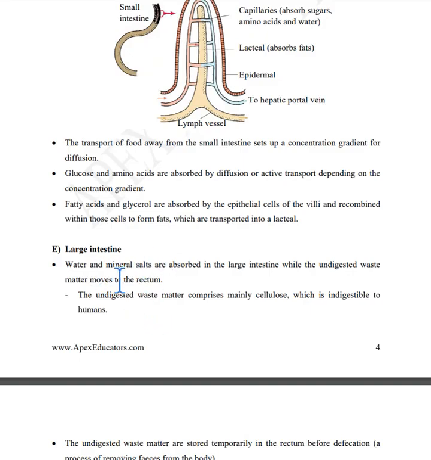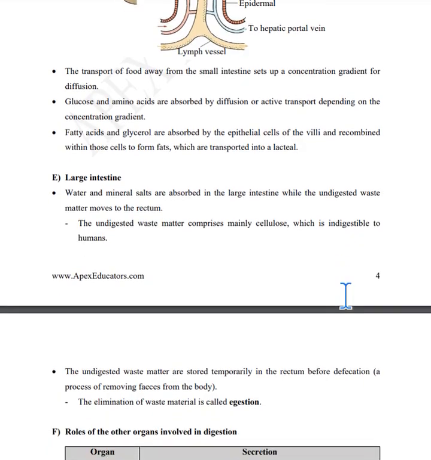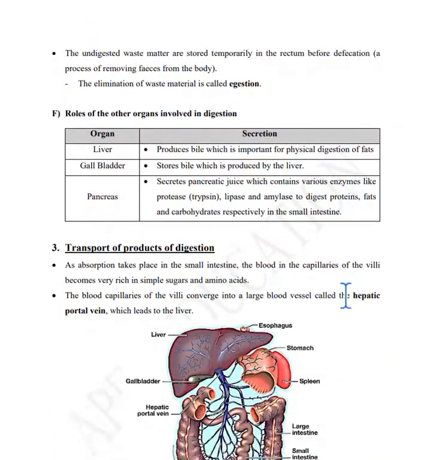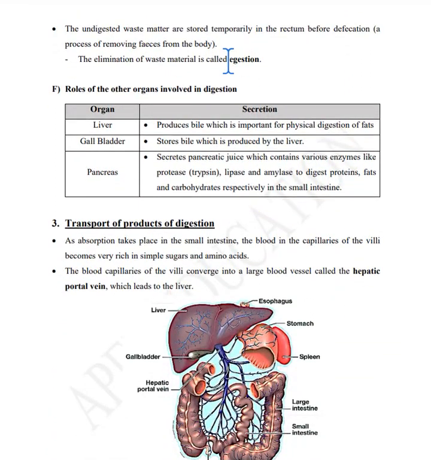And the last one is the large intestine. What does it do? It comprises mainly cellulose, indigestible to humans. Elimination is called egestion. You need to know egestion. How do I remember? Egestion, eject. Like how you eject, you need to tell me there is egestion.